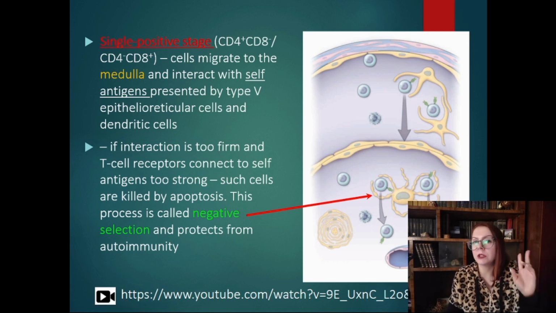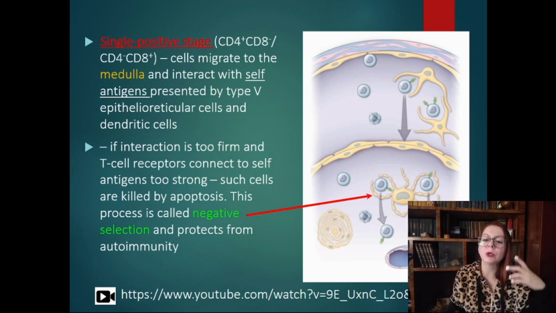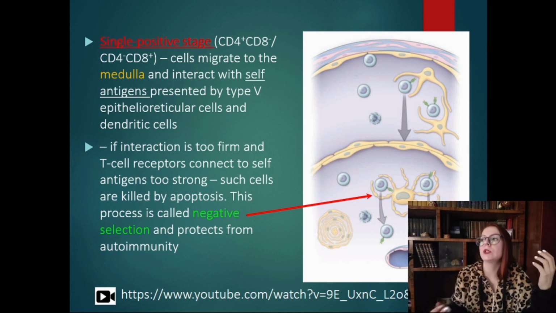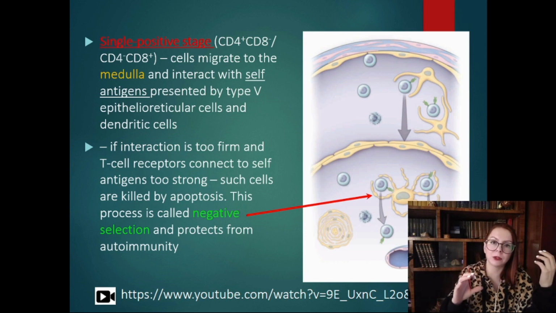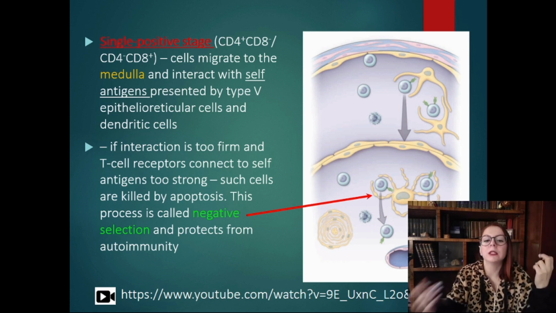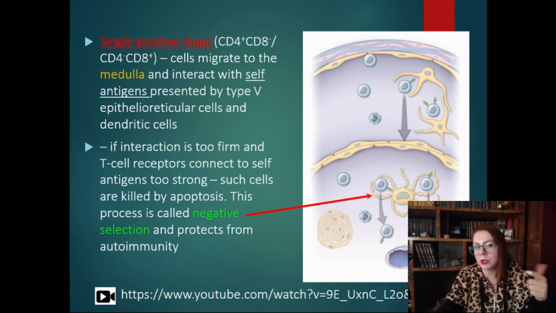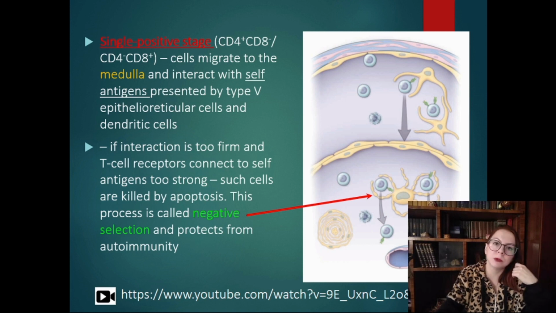So these are the two slides you have to comprehend to understand the function of the thymus. So the thymus helps us to eliminate all T cells with their T cell receptors produced against our own antigens. In this way, the thymus helps us to avoid autoimmunity. And that's why without the thymus, our adaptive immunity is impossible.